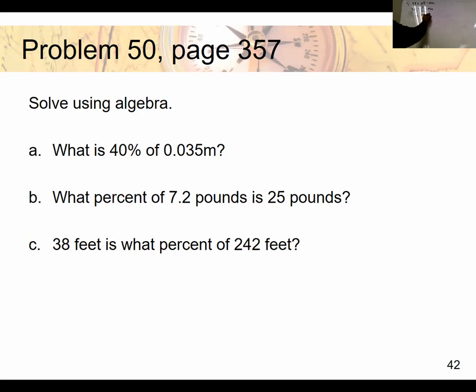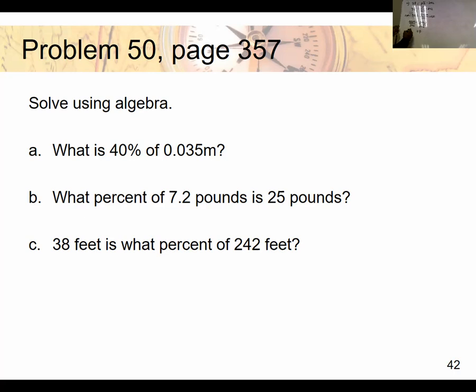So if I write this as 242P over 100, that would be equal to 38. And then multiply both sides by 100. The left side is 242P, and the right side is equal to 3,800. And then divide both sides by 242. That would be P is equal to 3,800 divided by 242.